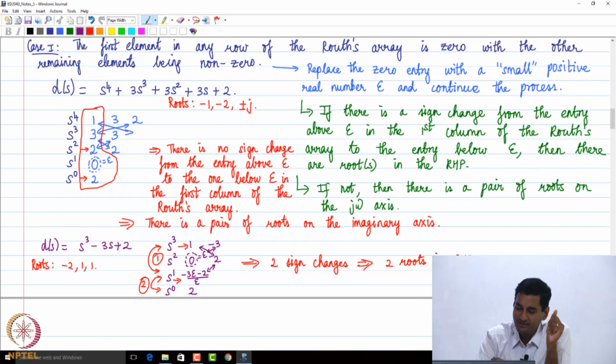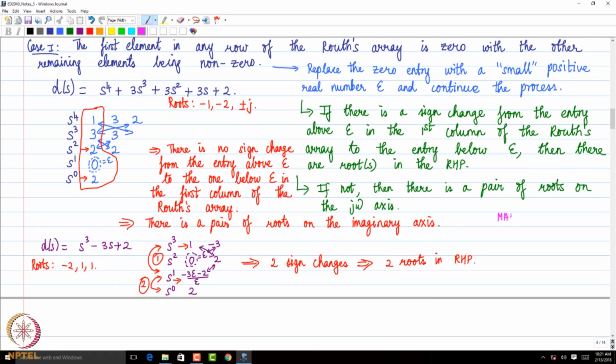I will just give you a hint. If you use MATLAB, you use the command poly to get the coefficients of any polynomial once you give the roots. For example, I want to get the polynomial for which the roots will be minus 2, 1, 1. I go to MATLAB, type poly and minus 2 space 1 space 1.